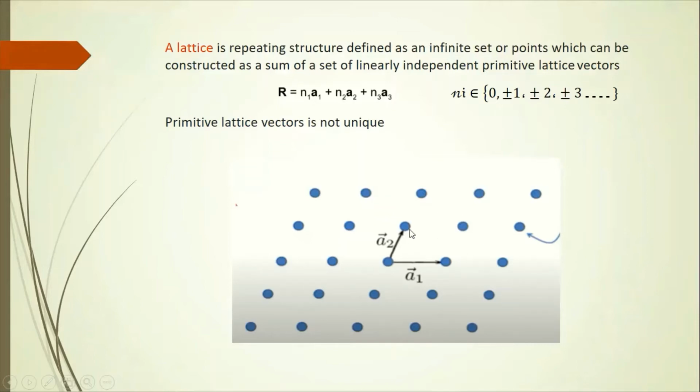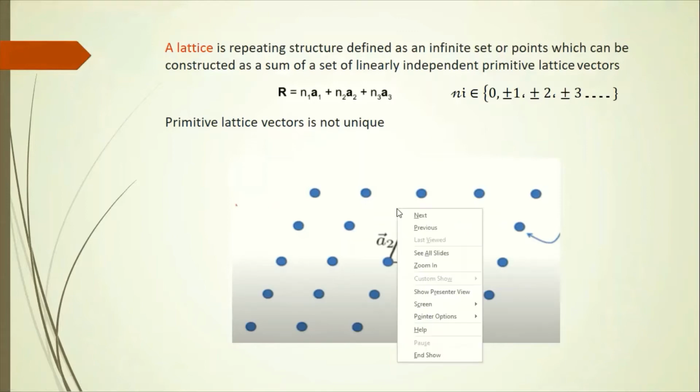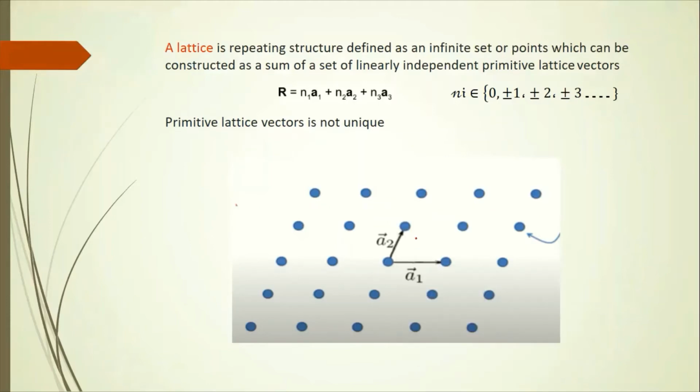So this point I think is first highlighted here. Let me go on to the pointers. So we can go twice by this and then once by this to reach this point.